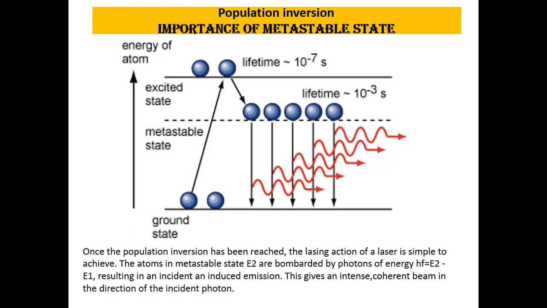That can be done either by providing external energy in the form of heat, light, or some other means, and that will be helpful in bringing the atoms from the ground state to the excited state. Whenever the atoms or electrons are going from the ground state to the excited state, that process of bringing the atom from the ground state to the excited state is called pumping.